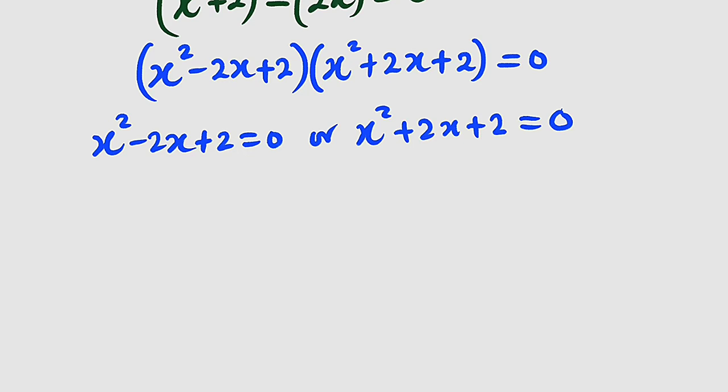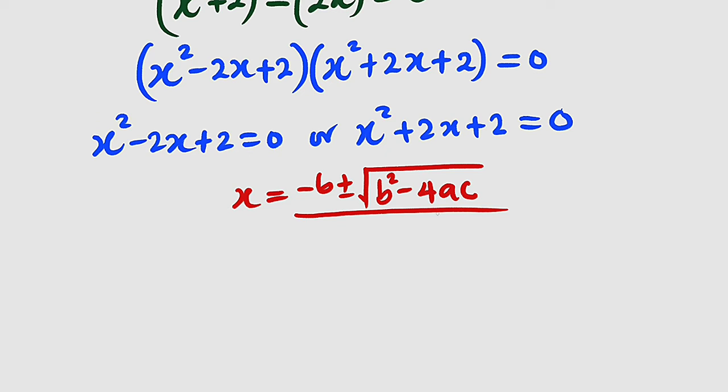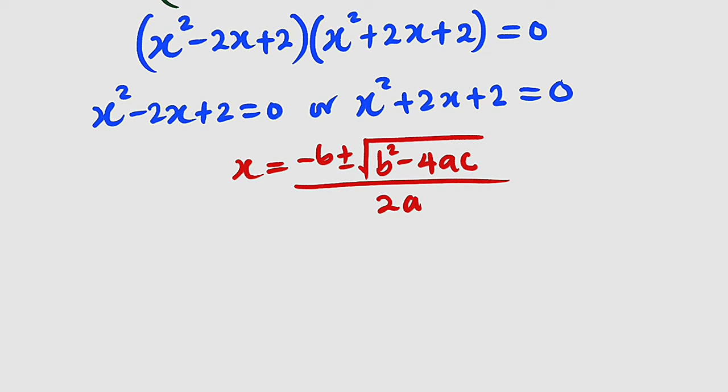Let me start from the left hand side. Remember the formula which stated that x equal to minus b plus or minus the square root of b squared minus 4ac, divided by 2a. So if I start from the left hand side, we have x equal to minus b.